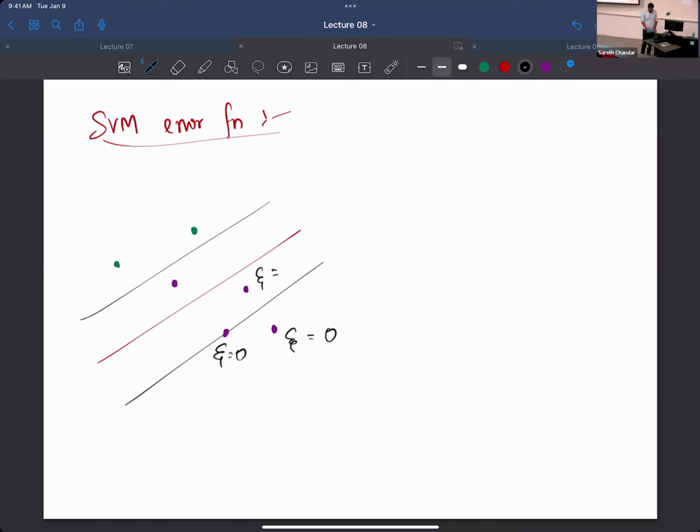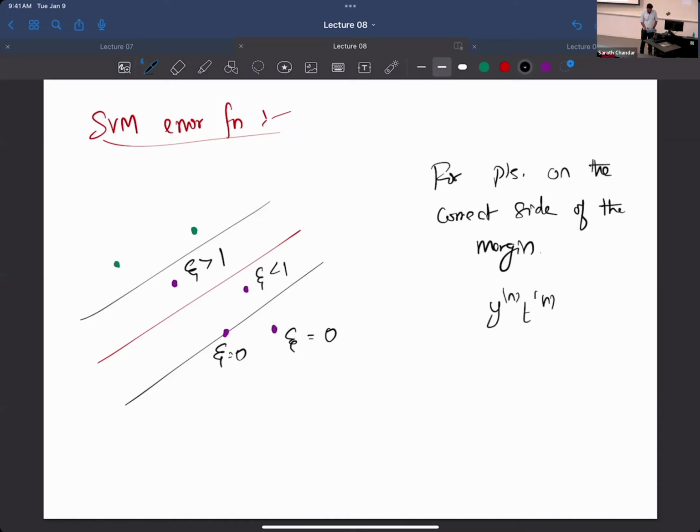So it's something less than 1. And what about this data point? It's greater than 1. Once you are crossing the boundary, the slack is greater than 1, right? So, in general, for points on the correct side of the margin, which means y of n times t of n is greater than or equal to 1.